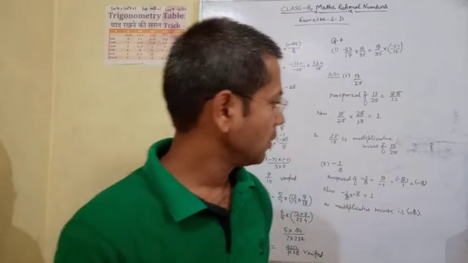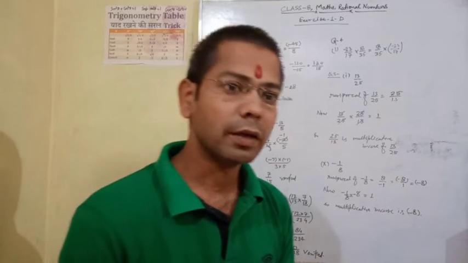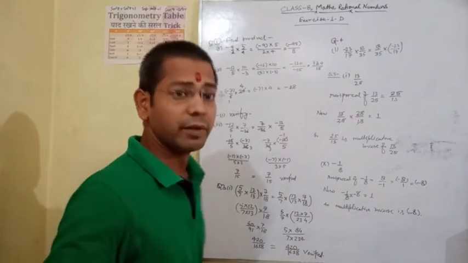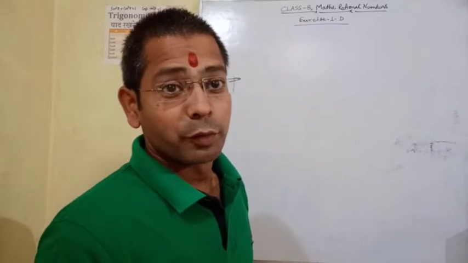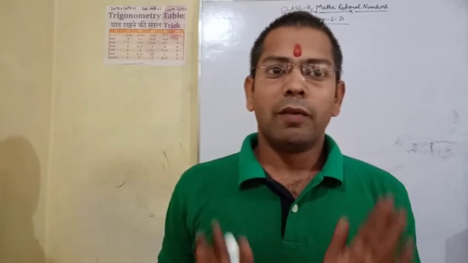Actually, what happens when we calculate the reciprocal? A given rational number whose reciprocal has to be found, actually we take its inverse power, or the power minus 1.